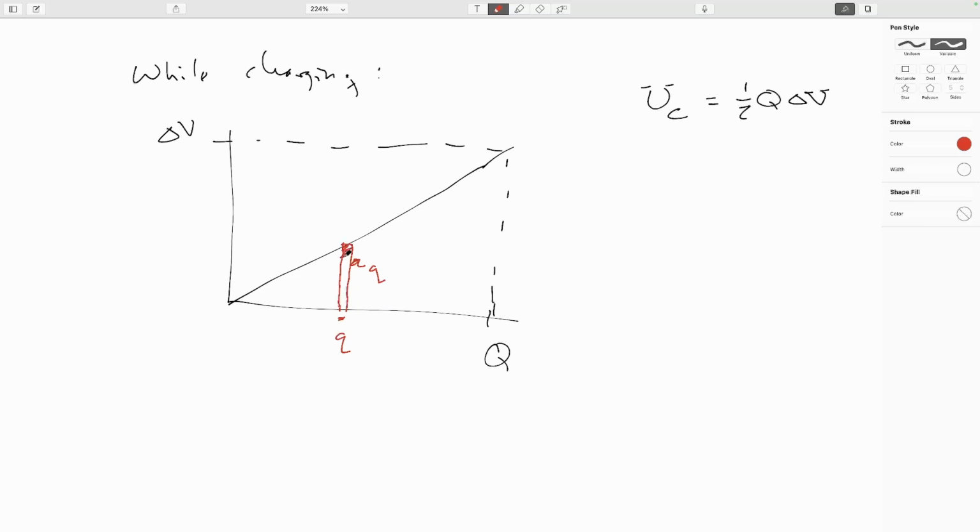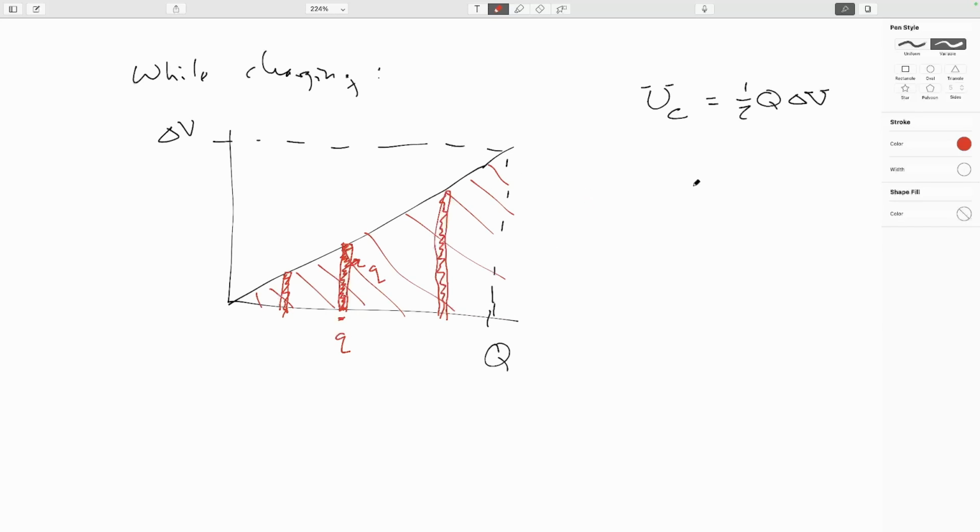So this area right here would be the work that had to be done to move a small amount of charge, little q. And the idea is I could play that same game here. And so the total work done to move all the charges will be this area under the curve right here, which is the area of a triangle.